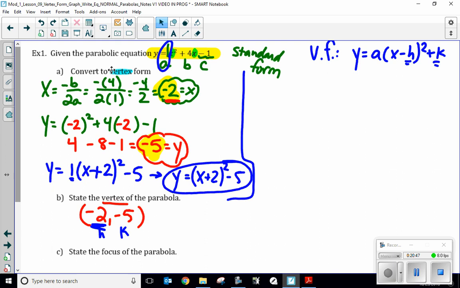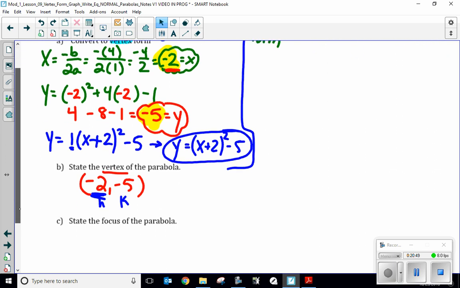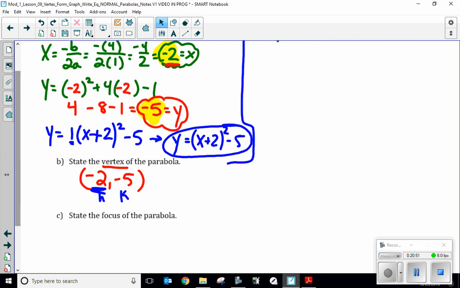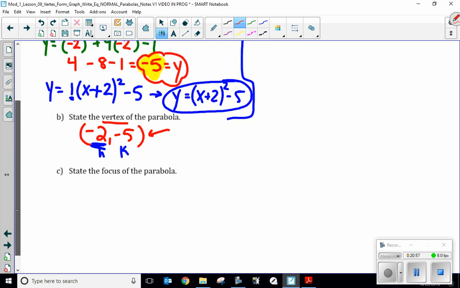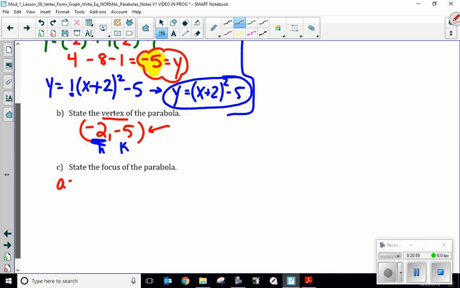Before I show you the second way, completing the square, I also want to point out, they want us to state the focus. We have the vertex, but how do I figure out the focus? Remember that formula I told you to memorize. A equals 1 over 4c.